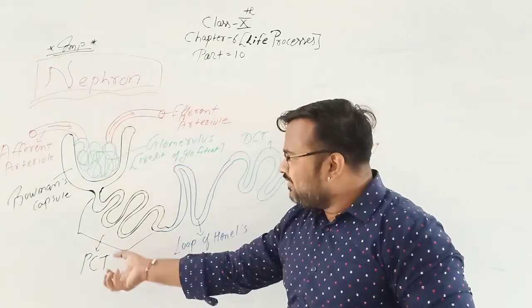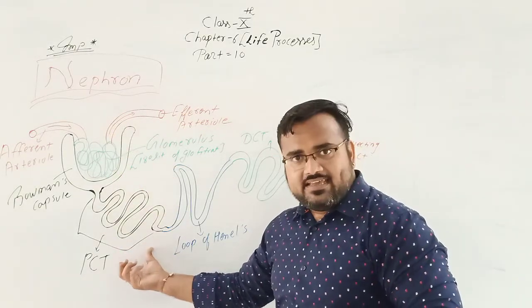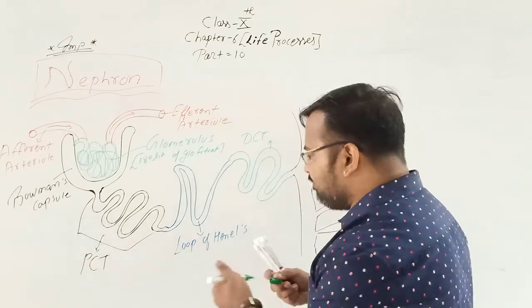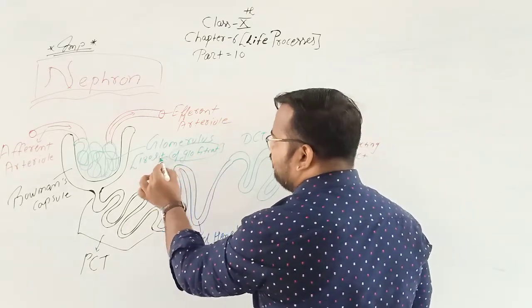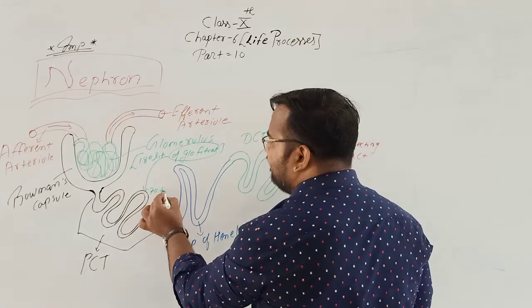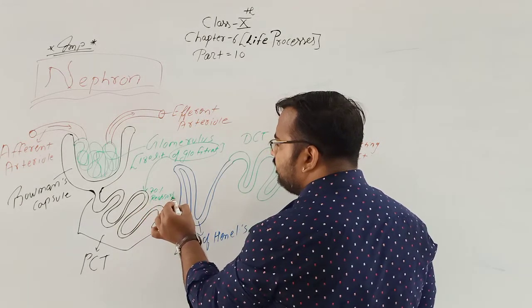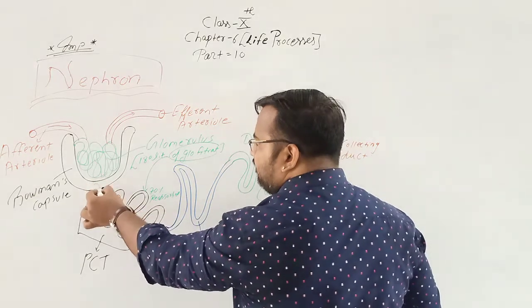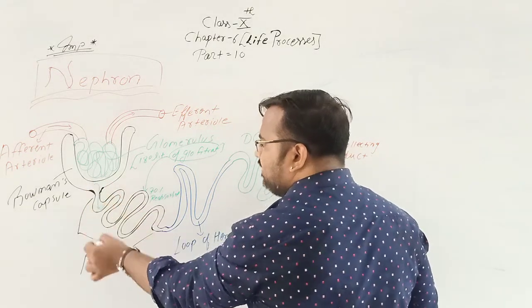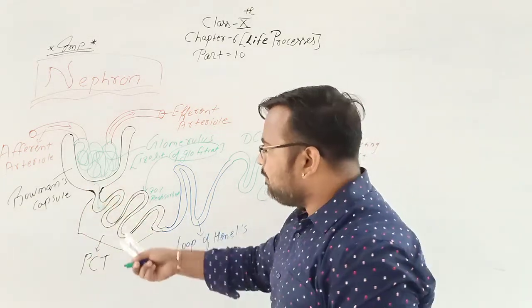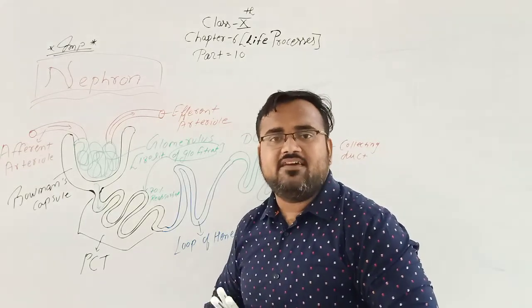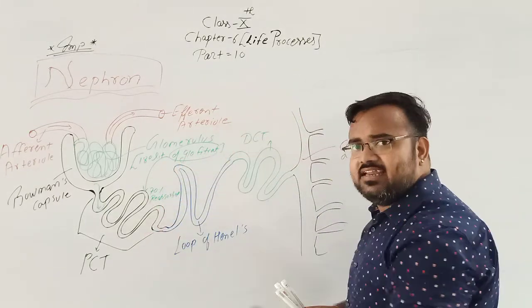So when the glomerulus filtrate is transported into the PCT, about 70% of the glomerulus filtrate is reabsorbed.